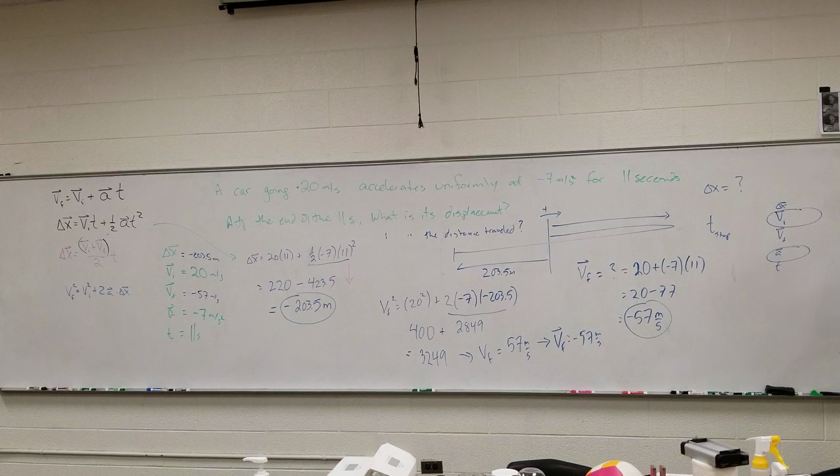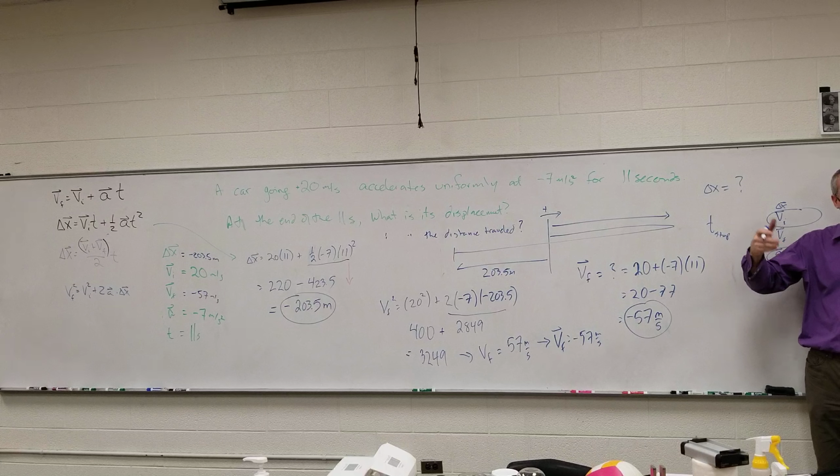What else do we know to figure out the time it takes him to stop? Time? No, that's what we're trying to find. Displacement? Nope, that's what we're ultimately trying to find. Well, the only other value up there is V final. And what is V final? 0. Yes.